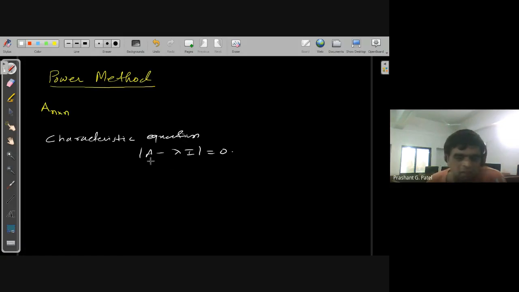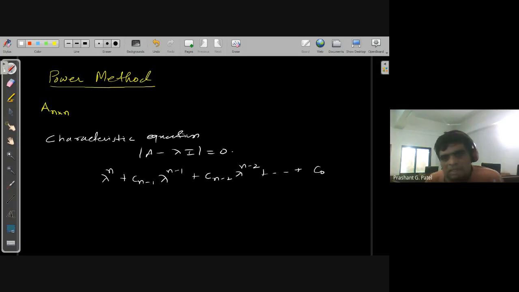This characteristic equation is of degree n because our matrix is of order n. So lambda raised to n, plus C(n-1) lambda raised to n minus 1, plus C(n-2) lambda raised to n minus 2, and so on, up to C0 equal to 0, is the characteristic polynomial of this matrix A.